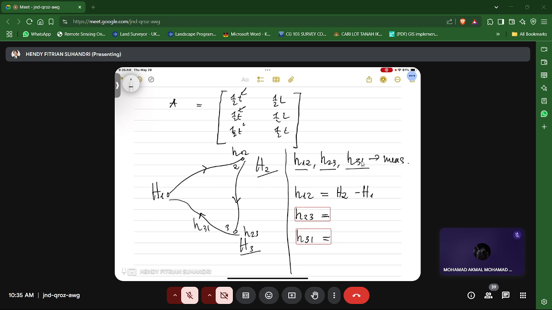So for the second equation, we have the reduced level at point 3, which is our unknown, minus the reduced level at point 2, still our unknown. And for the third equation, we have the reduced level at point 1 minus the reduced level at point 3. So does everybody understand this or not yet?